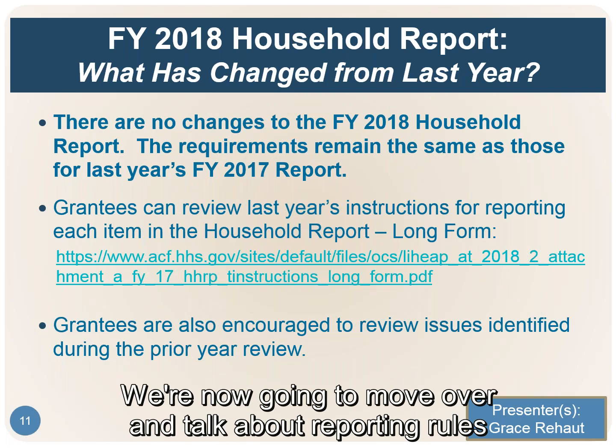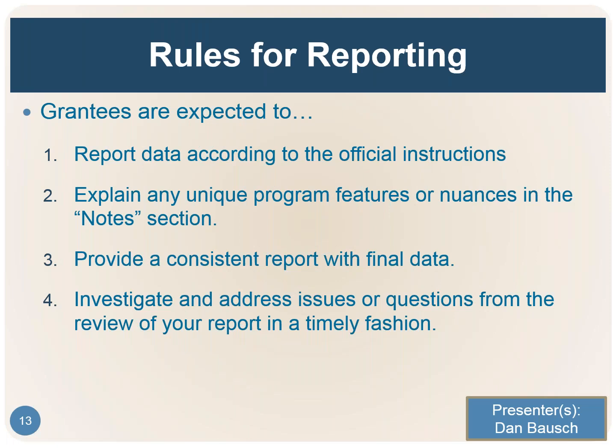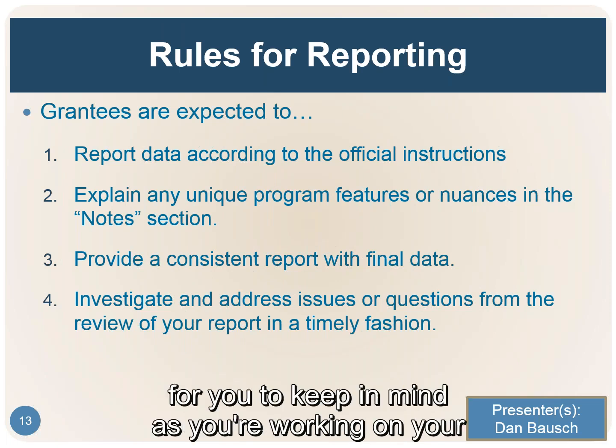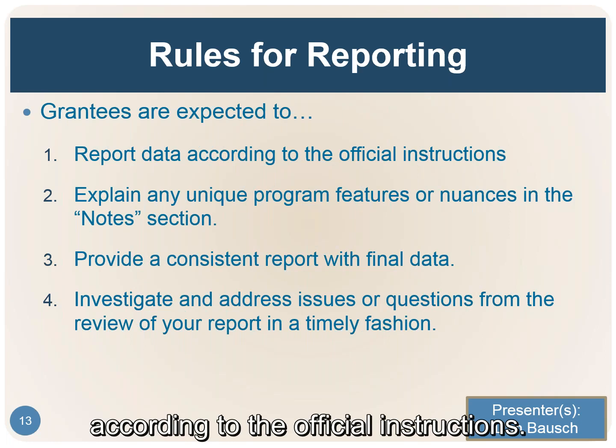So we're now going to move over and talk about reporting rules for the household report. So on this slide, we've listed 4 reporting rules for you to keep in mind as you're working on your 2018 household reports. The first is to report data according to the official instructions.